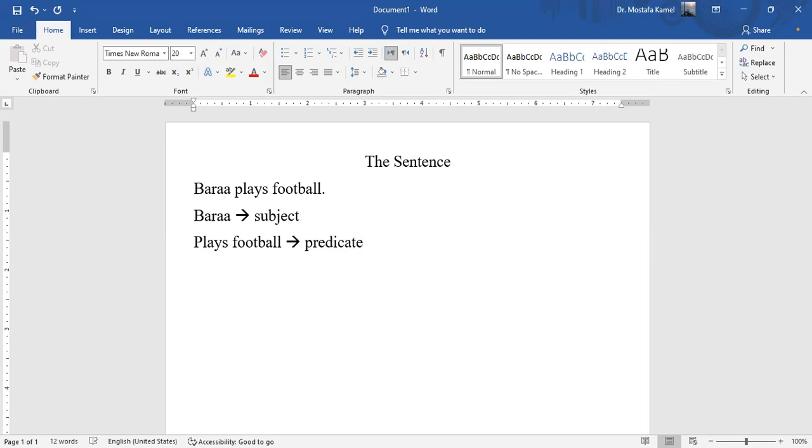Now, how many subjects do we have here? One. And how many predicates? One predicate also. Very good. So can we say that this is a simple subject and this is a simple predicate? Do you agree?